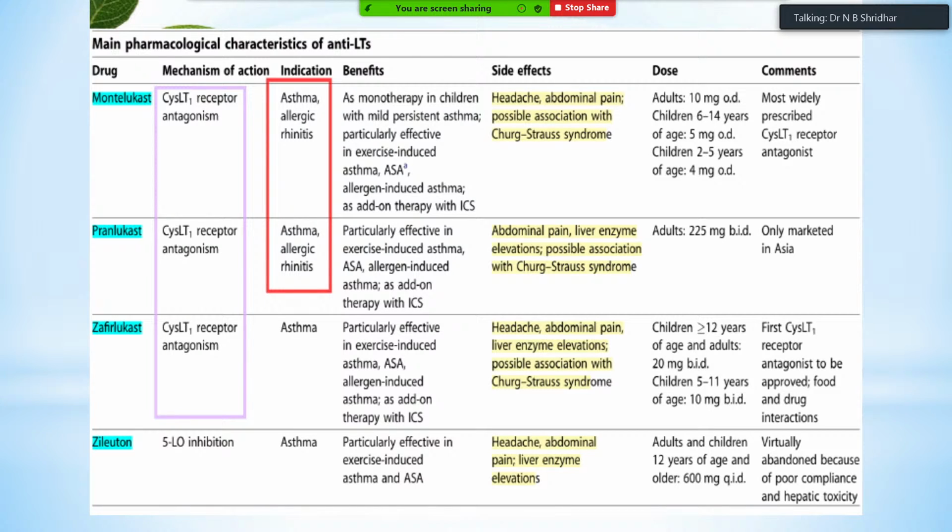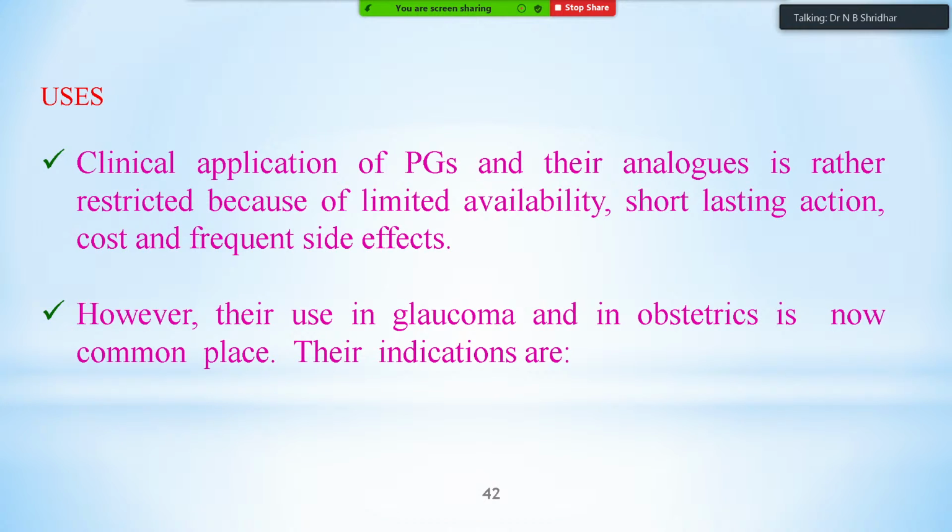And the side effects are very similar to that of the earlier three drugs, but Zileuton causes hepatic toxicity, hence it is not so commonly used. And clinical use of the leukotriene antagonists is restricted because of limited availability and short-lasting action.